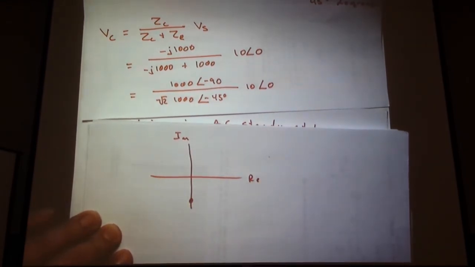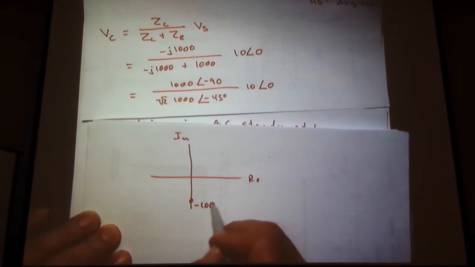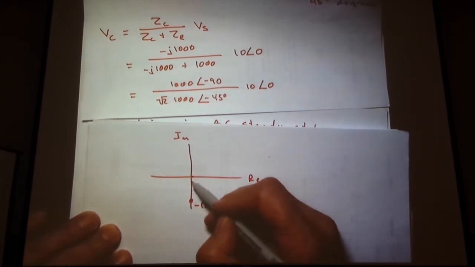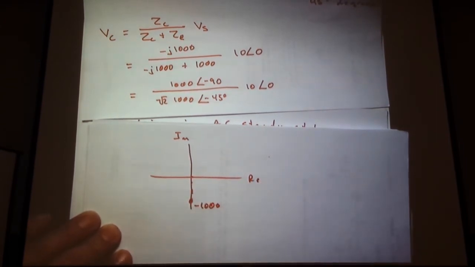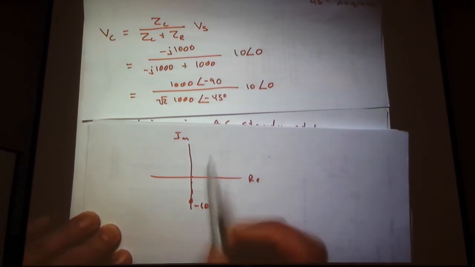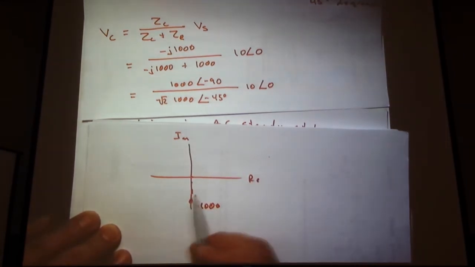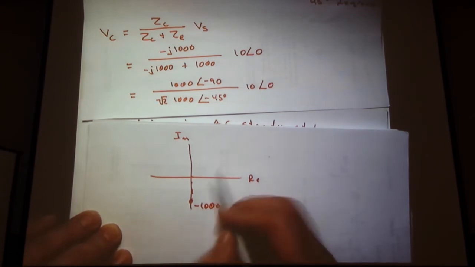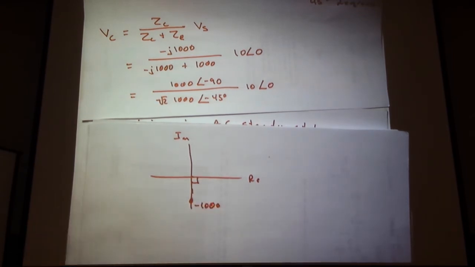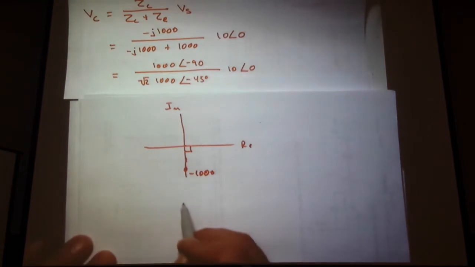Here's minus j 1,000 right down here, right? Well, what's the magnitude of this distance? 1,000. So there's my 1,000. What's my angle? That's a right angle, and it's minus 90 since it's down, or clockwise.